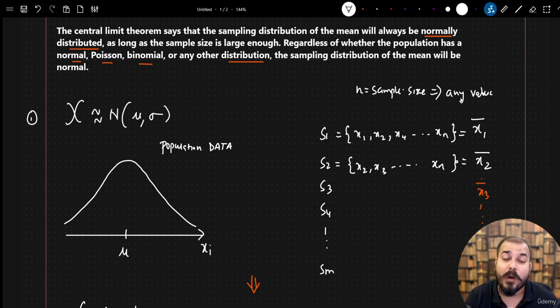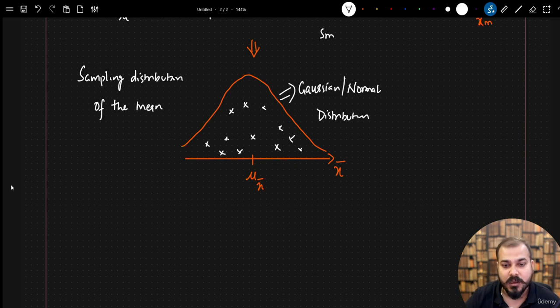Here I'm saying n can be of any value because the population follows a Gaussian distribution. Now this is where I come to the second scenario. In the second scenario, let's consider there is a random variable x that does not follow a Gaussian distribution, with some mean and standard deviation.